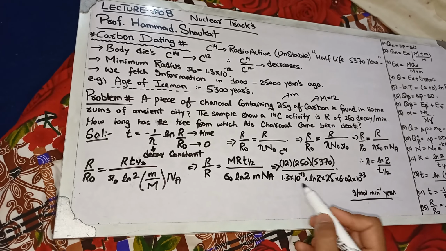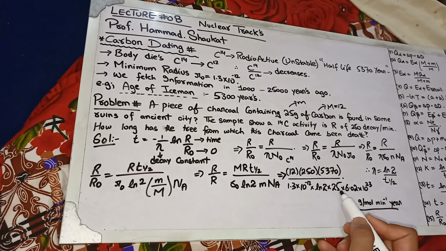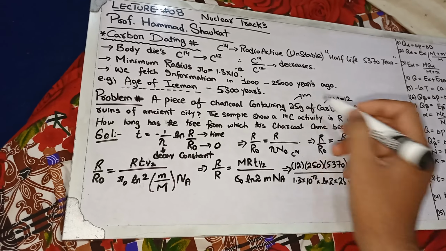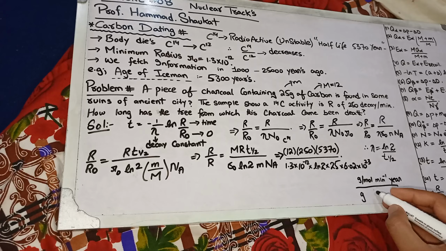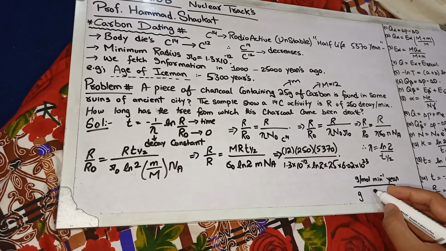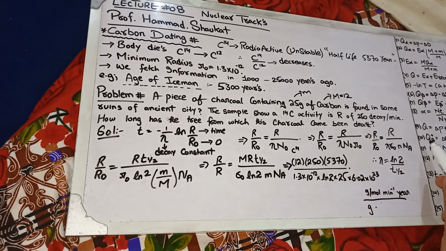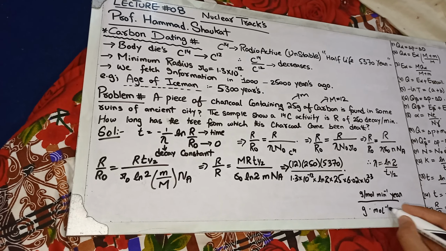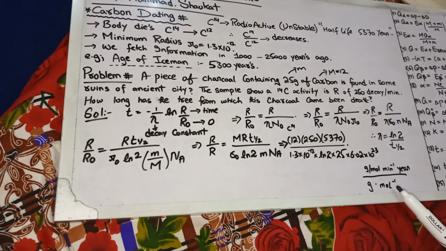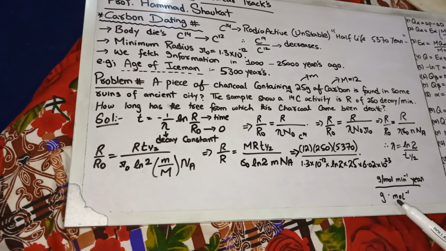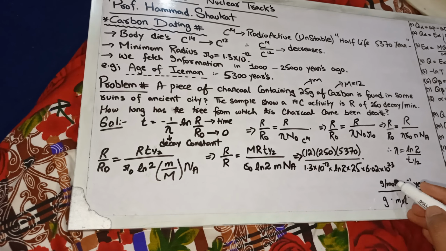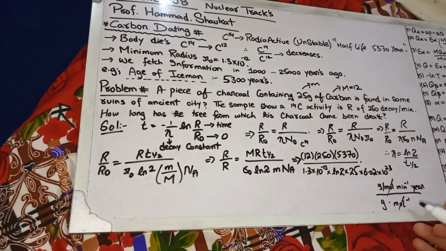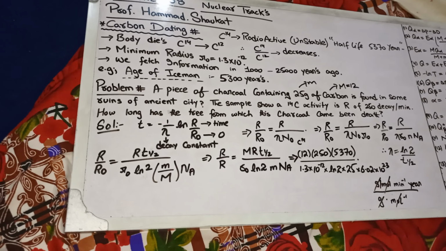There is no unit of this, and ln of 2 is also a constant, and the mass in grams has unit grams, and Avogadro's number has a unit of mole minus 1. So this mole goes upside and this mole goes downside, so this cancels with this mole, and this gram cancels with this gram.